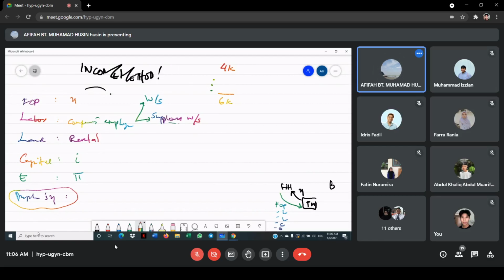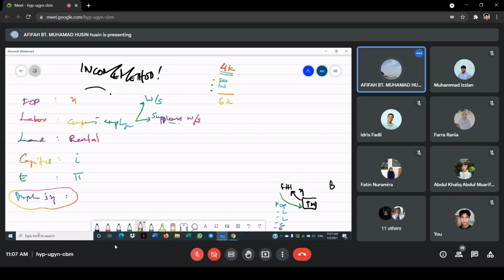Kalau you sell labor or you give labor. Ni basic. You tak pergi outstation, dapat 4K je lah that month. Tapi next month, you kena pergi Kedah. So bila pergi Kedah, you dapat lodging 500, you dapat makan 100, allowance.